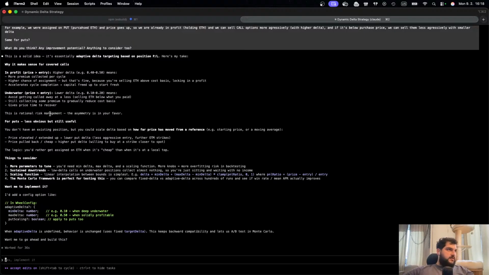Things to consider: more parameters to tune. You'd need the min delta, max delta, and the scaling function. More knobs, more overfitting risk in backtesting. Sustained downtrends: low delta calls on an underwater position collect almost nothing.